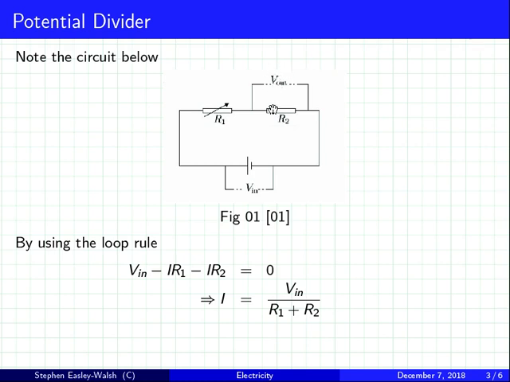I can say V equals I R2. So V out equals I R2, which equals this. So I have a formula for V out if I know V in and the Rs. So what I need you to do is write all of this down, including this little proof.